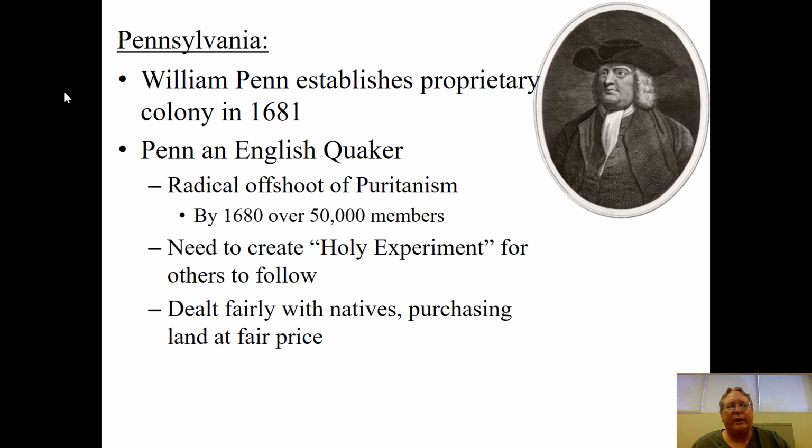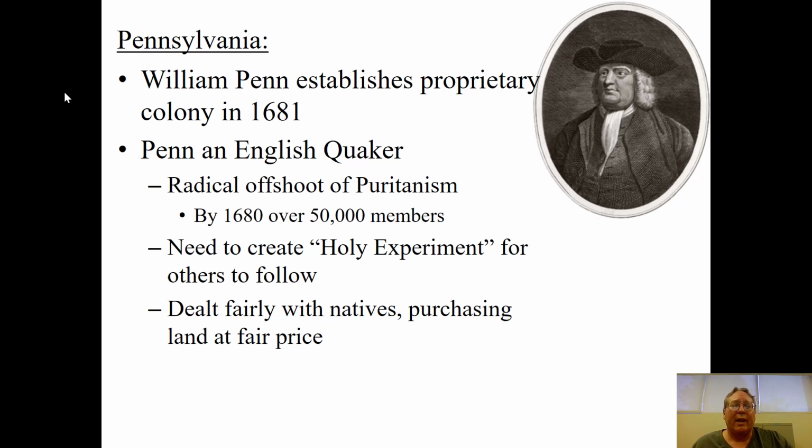And William Penn has noticed that the current King of England and his brother, who's going to be the next King of England, aren't particularly excited about Puritans because they still want to get rid of the Church of England. They still want to get rid of these really stupid practices, in their opinion, of communion and indulgences.